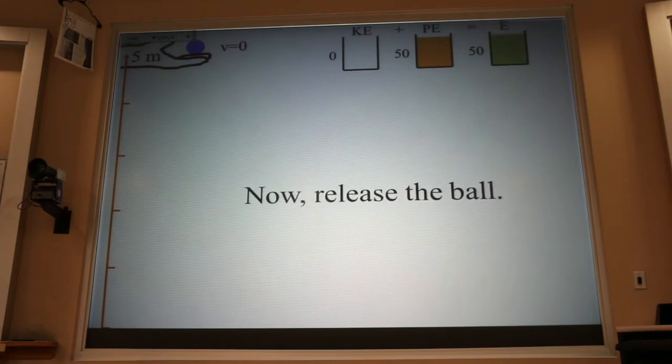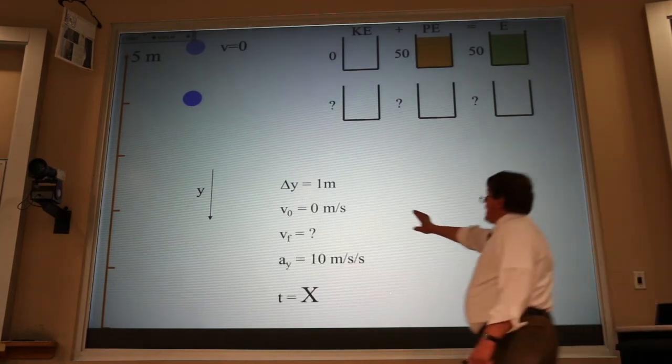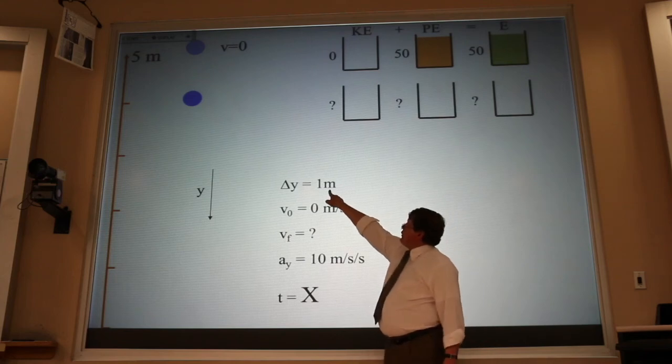And then I drop the ball. Now once it gets down 1 meter, I look again and see how much is in each of the buckets. Now to figure out how much is in the kinetic energy bucket, I need to know how fast that ball is traveling. You've been able to solve that since the second week of class. We define a coordinate system. Let's call down the positive y direction. We set up our 5 players. My delta y in this coordinate system is a +1 meter.